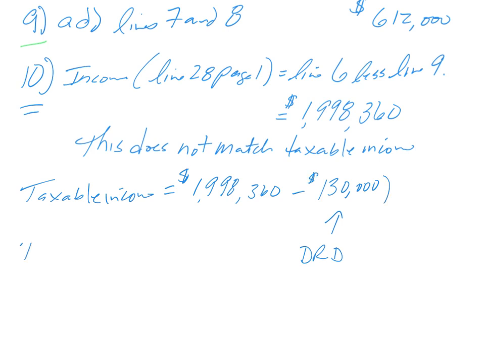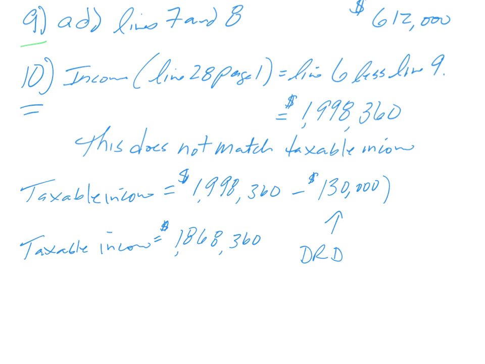So taxable income is equal to, and we already knew this because we found this in part A, but I wanted to make sure we understood why what we found in part A does not completely reconcile to our taxable income. All right, and that is it for part C.